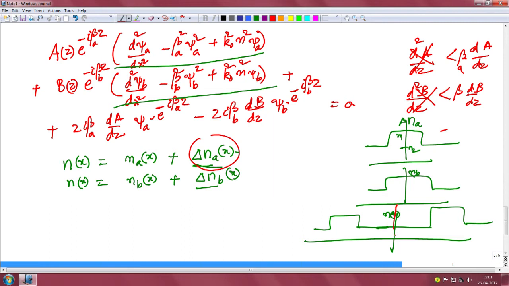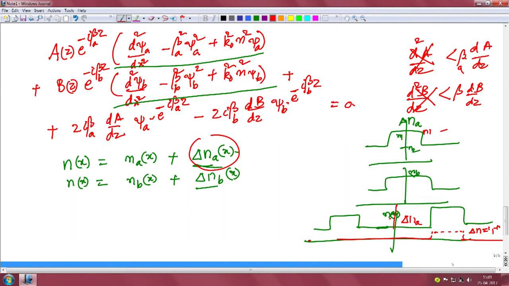So, in the same scale I will put with red delta n, let me say this is n, delta n a will look something like this. Let me call it just delta n only. So, as an example, let me say n1 in the core region and n2 in the cladding region, this is delta n equals n1 minus n2, and 0 value all over.